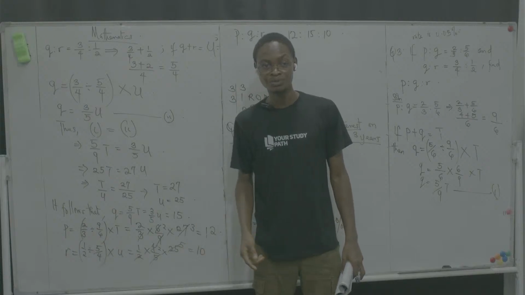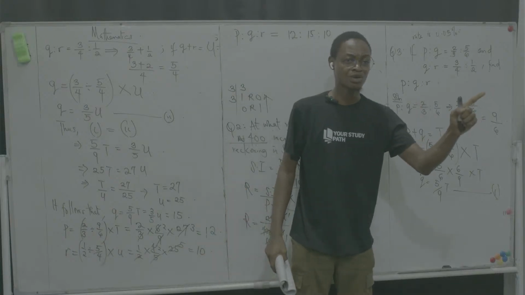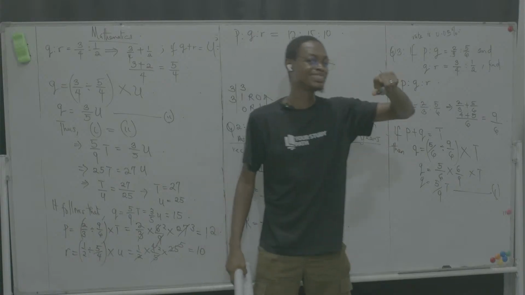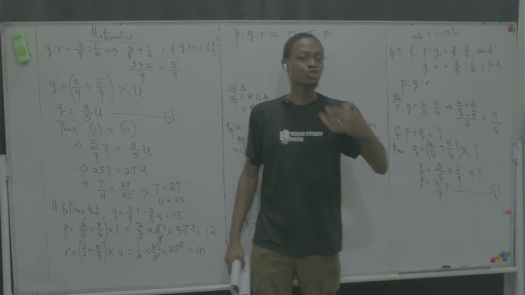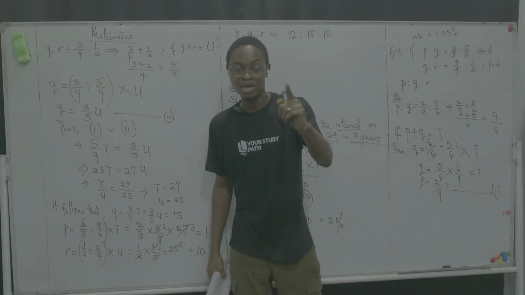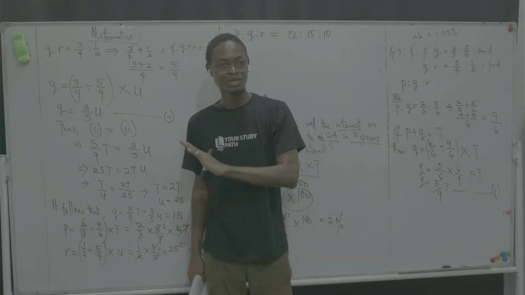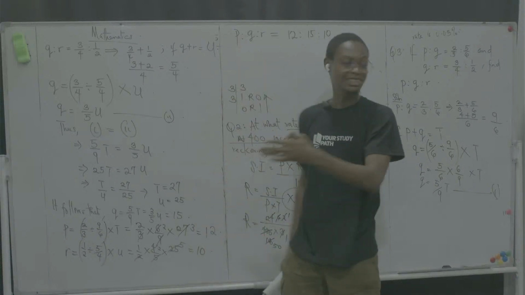However, when you are in an objective exam like JAMB, or the OBJ part of WAEC, where your solutions do not matter, what matters is your final result. In those cases, you are allowed to skip steps. Now, you might be wondering that you can't skip anything here.